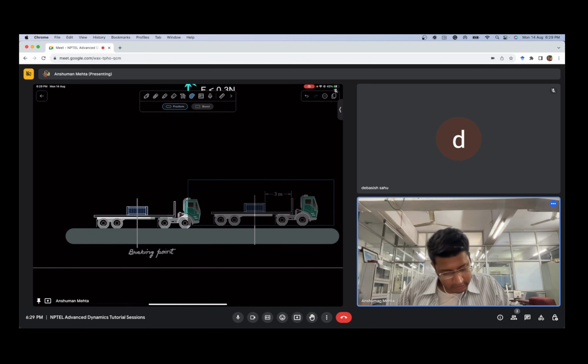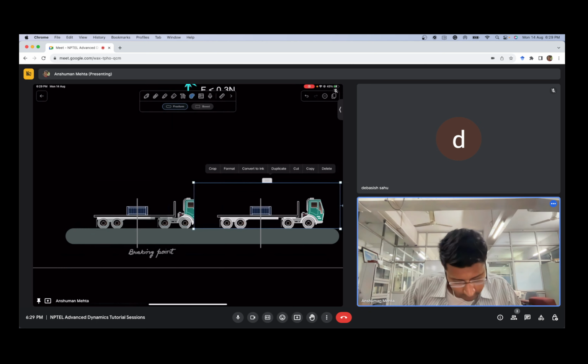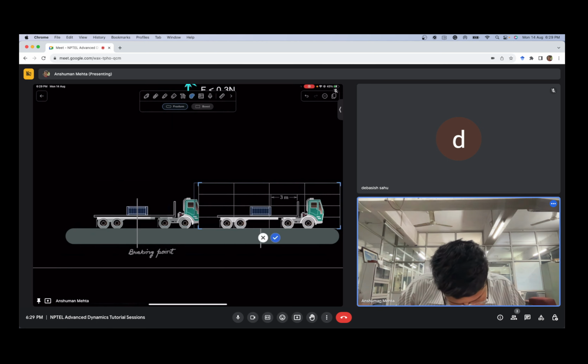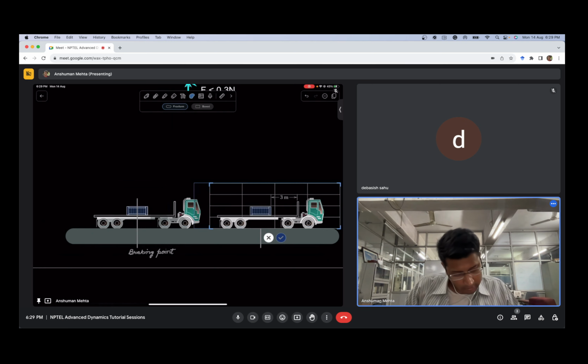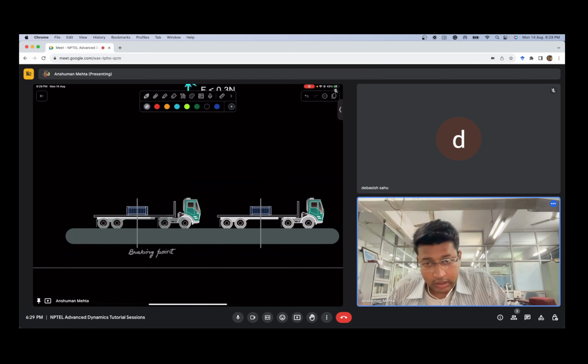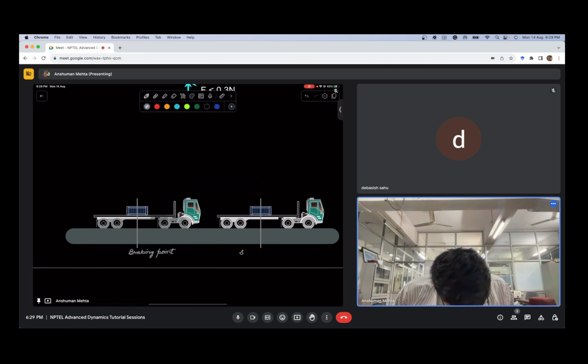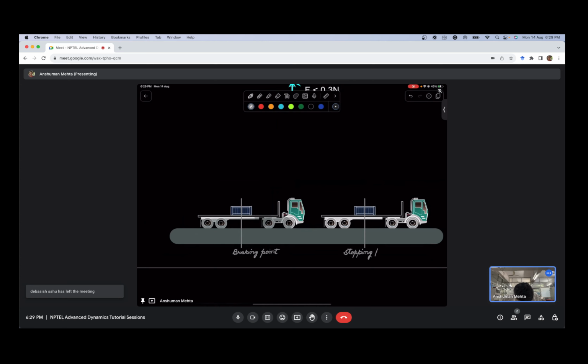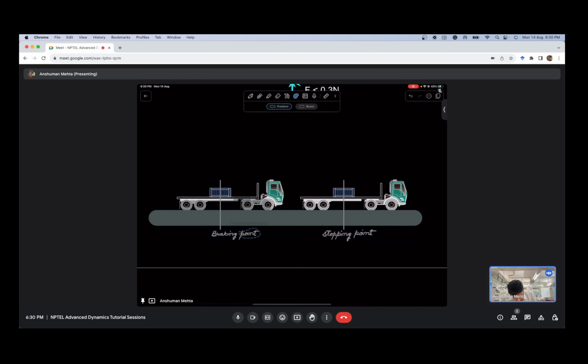Let's say that point is somewhere here. So that was the braking point, and this is the stopping point. This is the full picture.